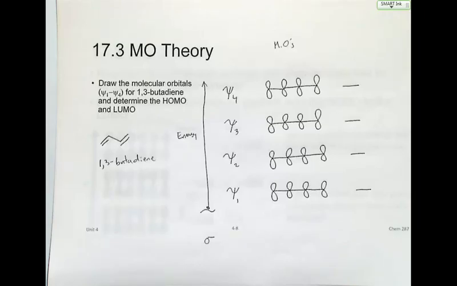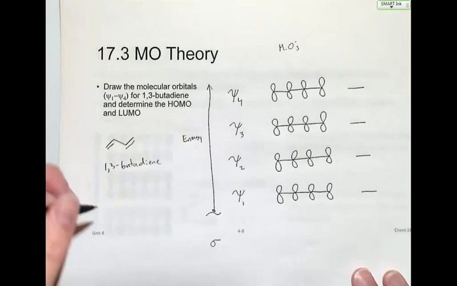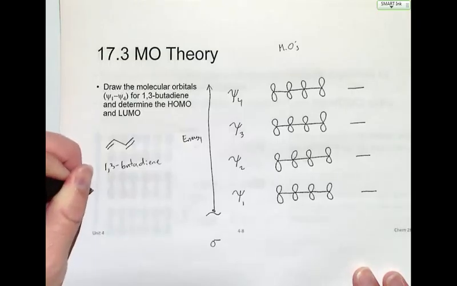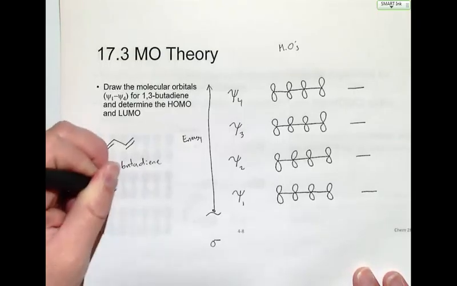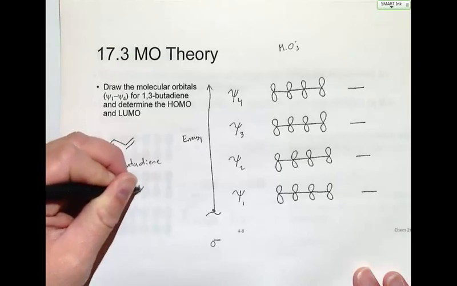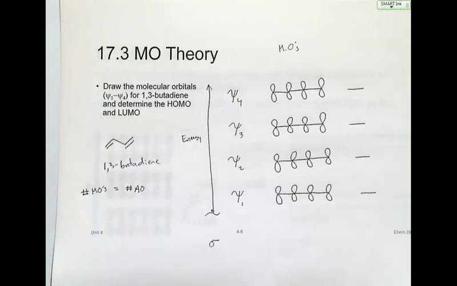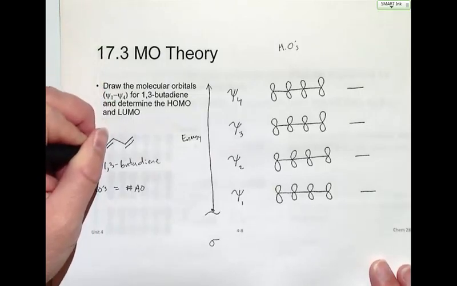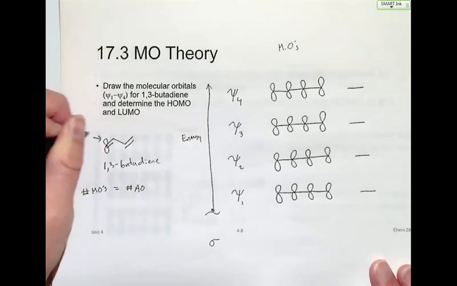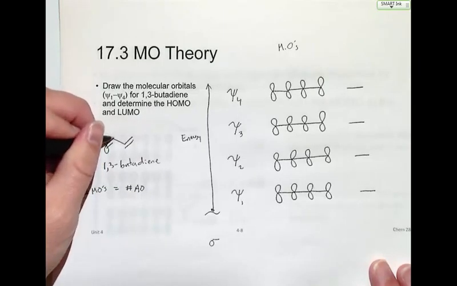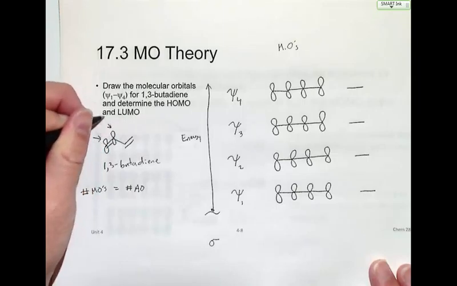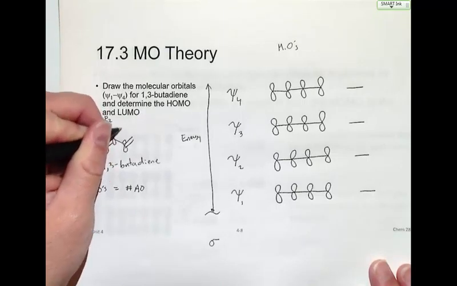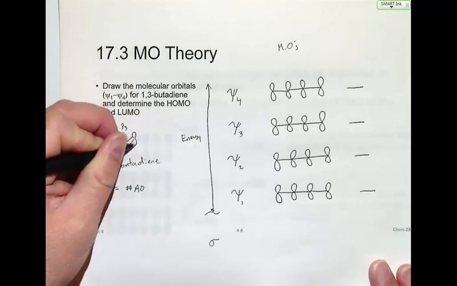There are four different ways they could be in or out of phase with each other. The number of molecular orbitals is equal to the number of atomic orbitals that we combine, right? And we have four atomic orbitals. So we're combining a p orbital, like p1 with p2 with p3 and p4.